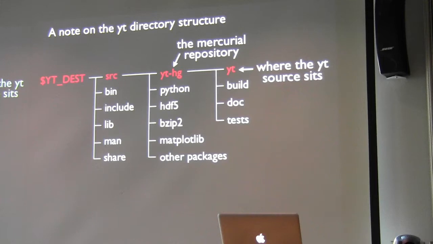Within that directory sits the standard: your source, your bin, your include, and so on. Don't worry about these, just worry about the source directory. But even there, YT doesn't sit directly inside that. There's the YT repository, which is YT-hg, along with all the other packages that you had to install as part of this YT installation.